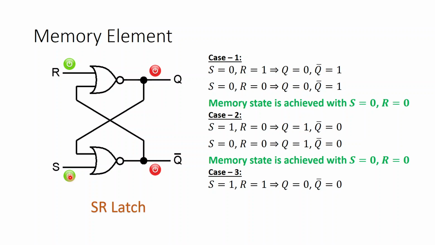Now let us change S and R to 0. We have changed S and R to 0. Now what happens in the next step? You see these outputs will come at the input, and once they come, both the NOR gates are experiencing 0 input.